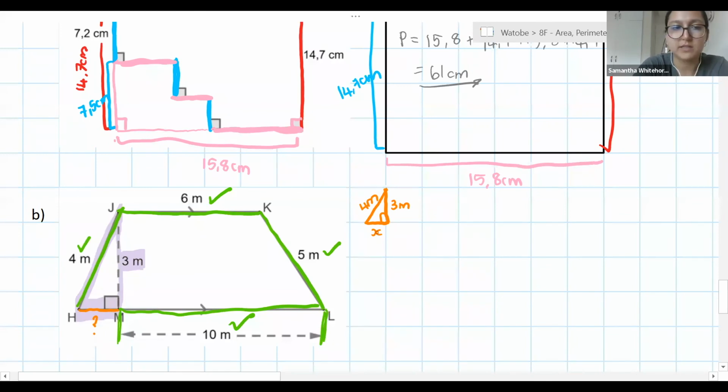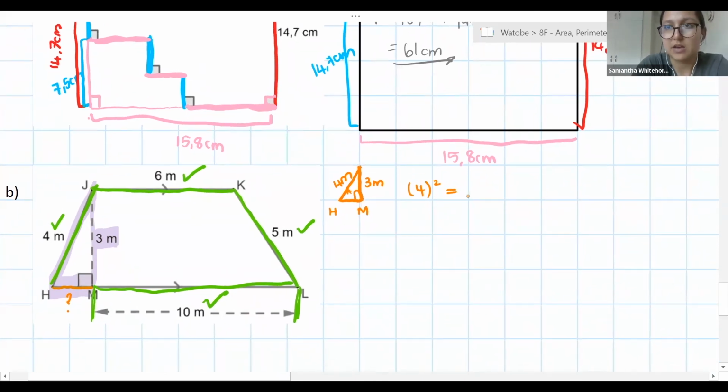I'm going to call it X. Actually, let's call it what it is, the length HM. So the hypotenuse squared, and in this case, 4 is the hypotenuse, so 4 squared is equal to the 2 other sides added together, so 3 squared plus HM squared.